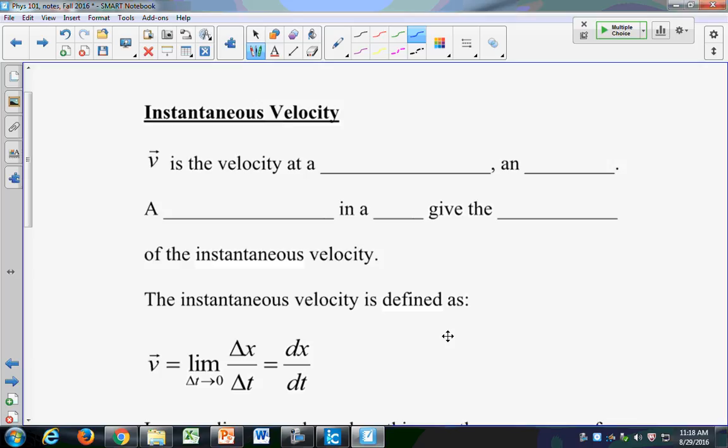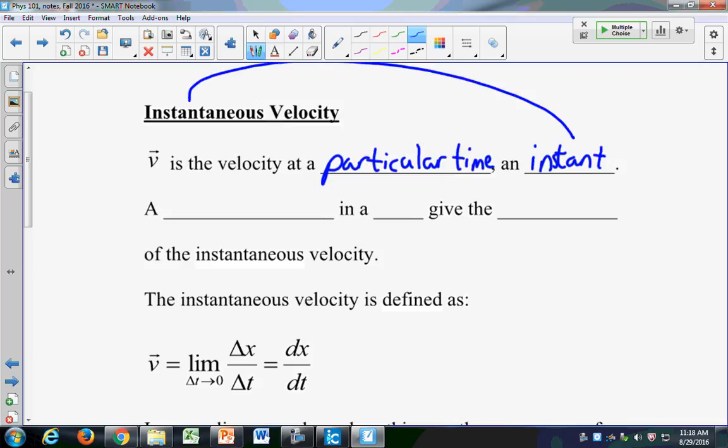It's the velocity at a particular time. In fact, at a particular instance, at an instant. And that's why they call it instantaneous, because it is the velocity at a particular instant in time. Okay?